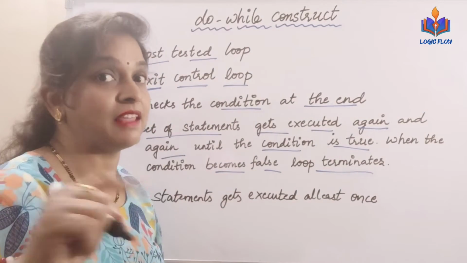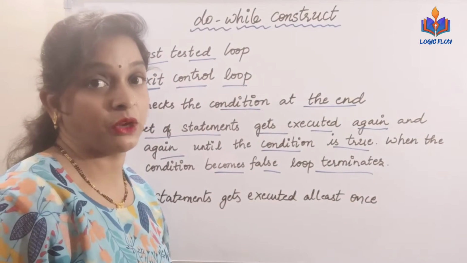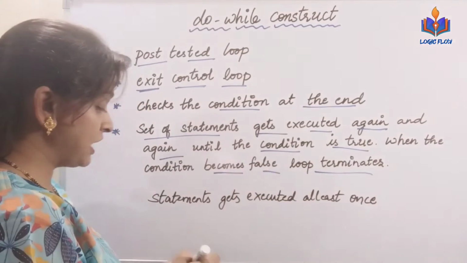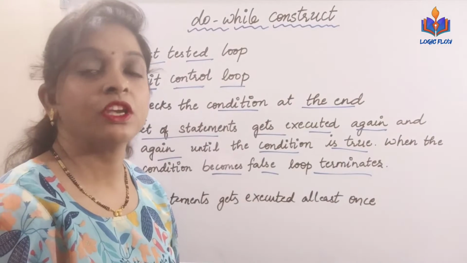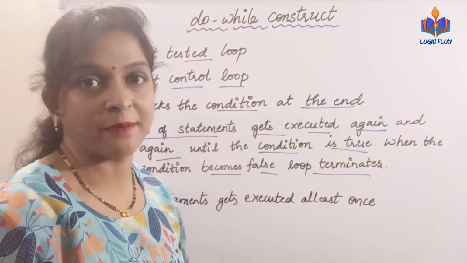We will see in the example how the statements get executed at least once. This is the special feature of do while. So let's see the syntax, flowchart and example code.